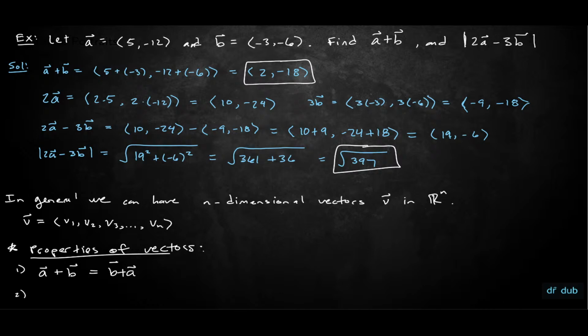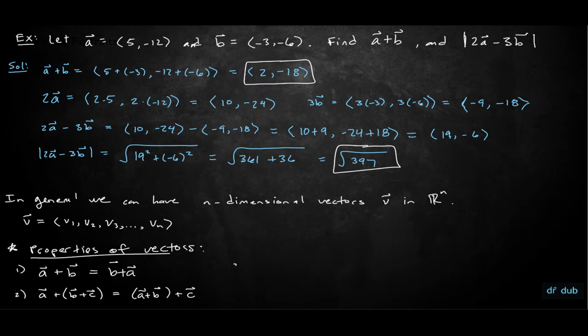The second property is that a plus b plus c is equal to, so adding b and c first and then adding a to that is the same as adding a and b first and then adding c to that. And that's what we call the associative property.